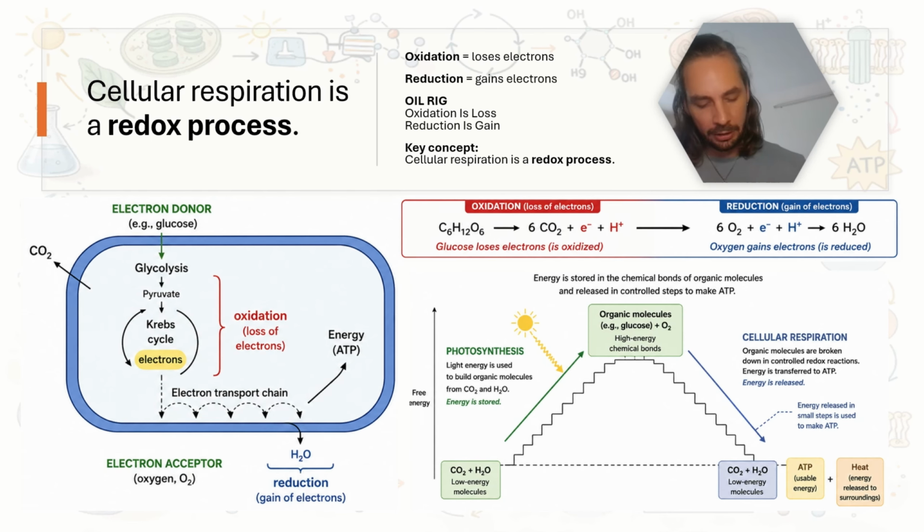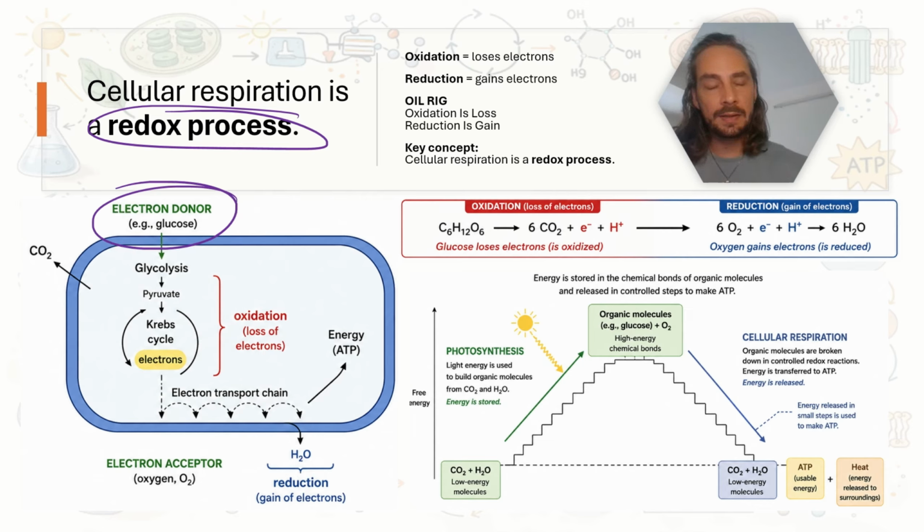Cellular respiration is a redox process, meaning that it's an oxidation process where we're breaking down the chemical bonds in glucose, because glucose is now our electron donor.